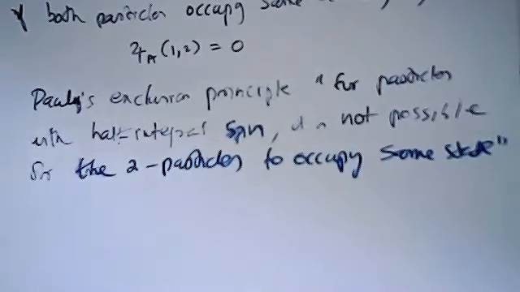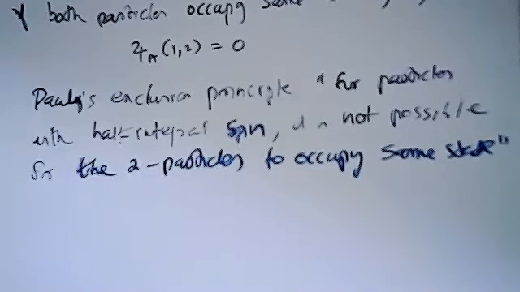If two particles, in the case of fermions, occupy the same state, that is not allowed. Such a wave function does not exist. Wave function vanishes means that state does not happen. So that is not allowed. So two particles occupying the same state is not allowed in the case of fermions, or half integral spin particles.